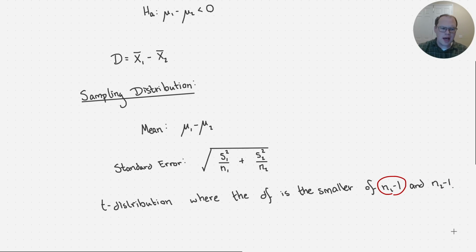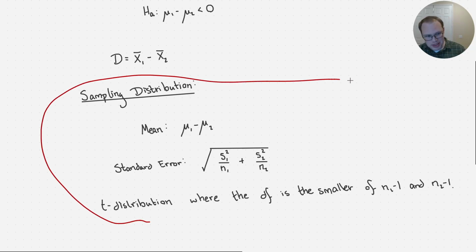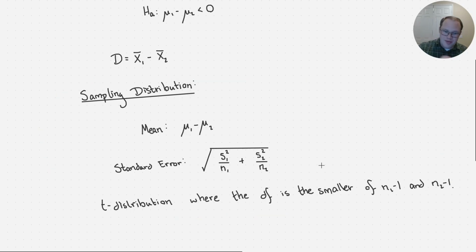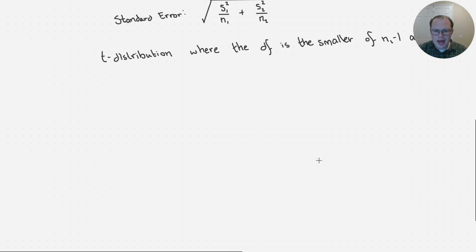Once we have that sampling distribution, though, the process for conducting our hypothesis test is the same. We're going to state our null and alternative hypotheses. We are going to assume the null hypothesis is true and then identify the sampling distribution. That's the biggest change we're dealing with here. Once we have that sampling distribution down, we can find the p-value. We're going to do that by finding our t-score.